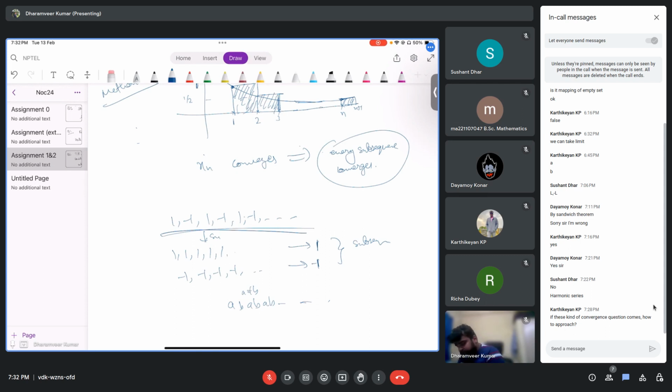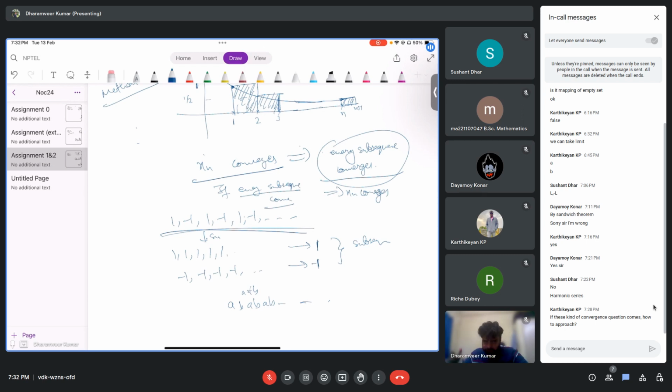So if xn converges, then every subsequence converges. The converse is also true: if every subsequence converges, then xn converges, because a sequence is a subsequence of itself, so that converges, so obviously xn converges.